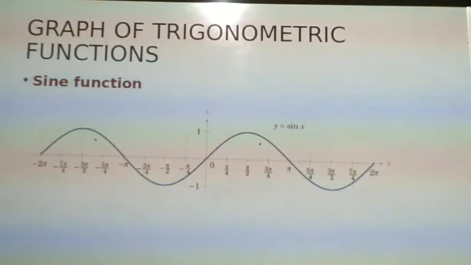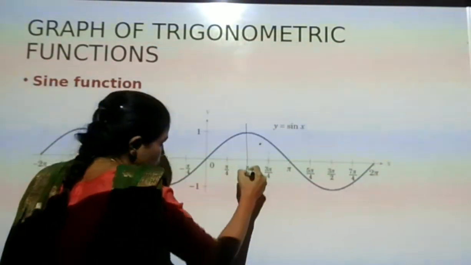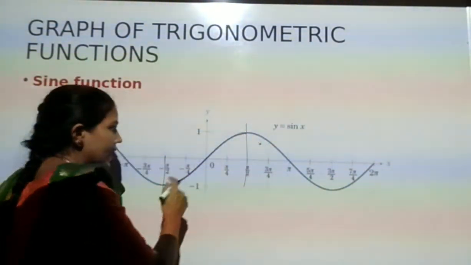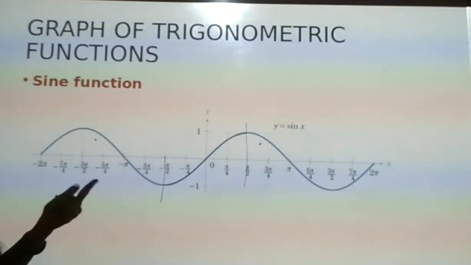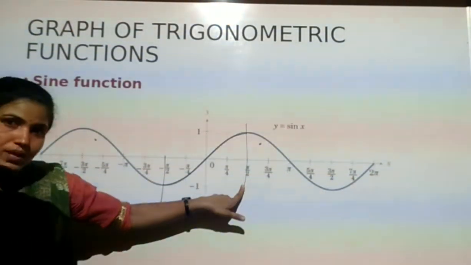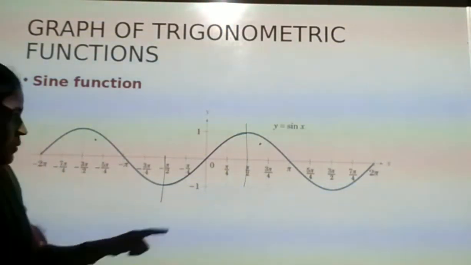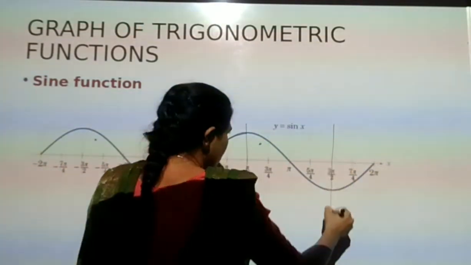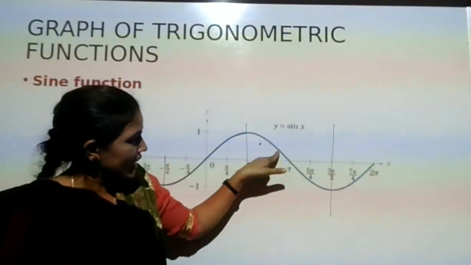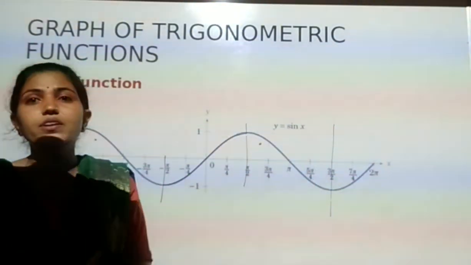Look students, if we restrict the domain from minus pi by 2 to plus pi by 2, in this interval have you seen any value that is repeated? In the interval minus pi by 2 to plus pi by 2 we get different values. Similarly, from pi by 2 to 3 pi by 2, you again get a different value for each and every angle.